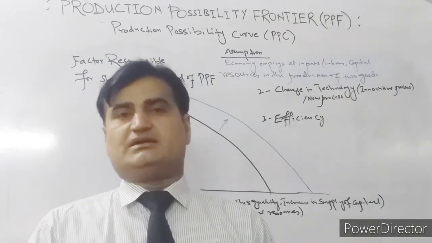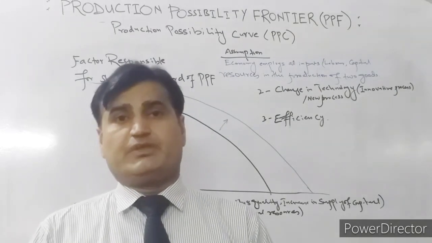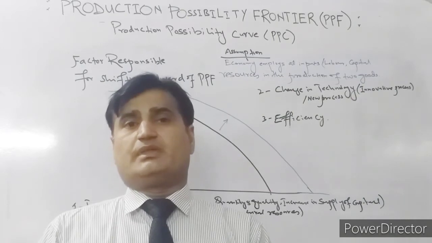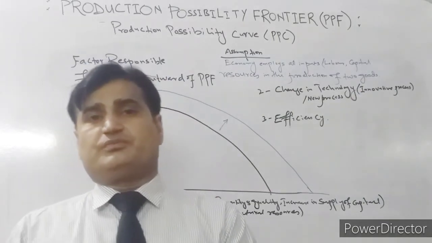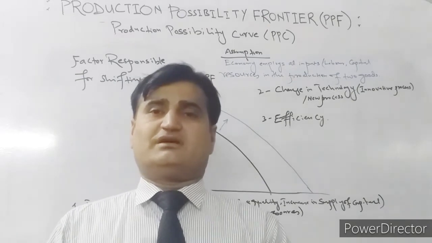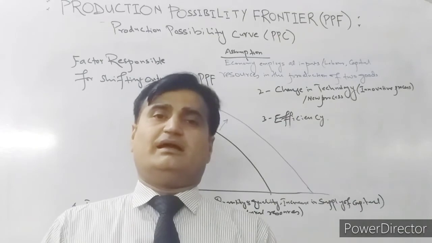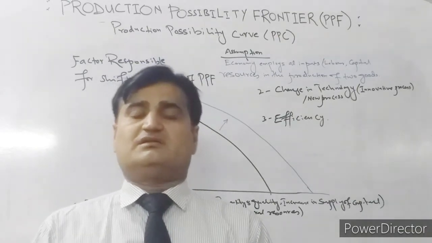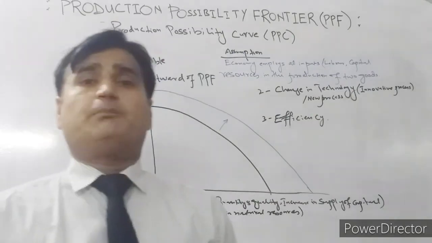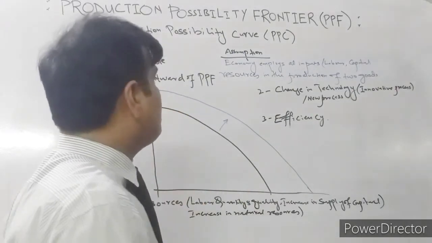It is negatively sloped and it is concave to the origin, because in order to increase the production of consumer goods, we would have to switch the resources towards the consumer goods. That's why the production of other goods decreases. And it is concave to the origin because the marginal rate of product transformation or opportunity cost increases. As a result, it is concave to the origin.